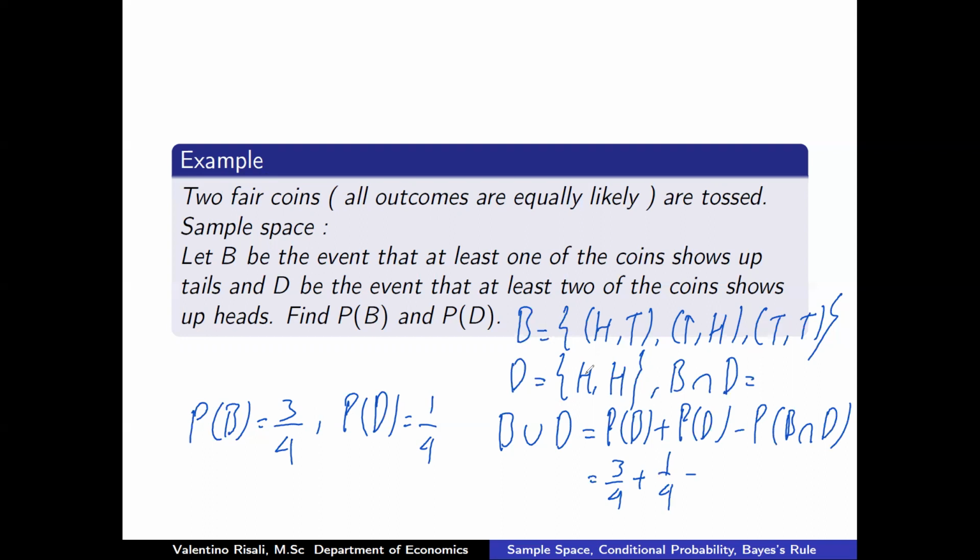Because there are no elements in both B and D, their intersection is an empty set. So we subtract 0 from these two numbers, and we get 1. So the probability of B union D is equal to 1. It shows that our properties are very useful to answer our questions.